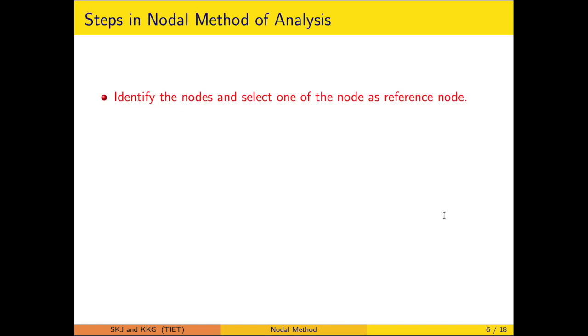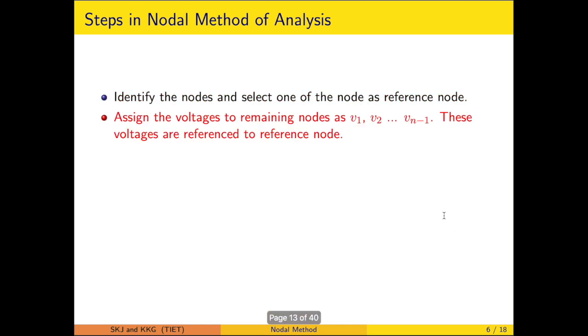Now the procedure is to identify the nodes and select one of the nodes as a reference. When there are n nodes, we mark one of the nodes as the reference, and with respect to that reference we express the voltages of the other nodes as nodal variables. Assign the voltages to the remaining nodes as V1, V2 up to V n minus 1.